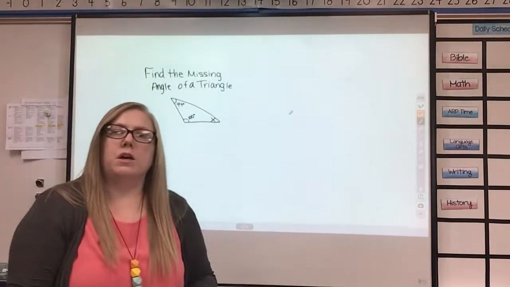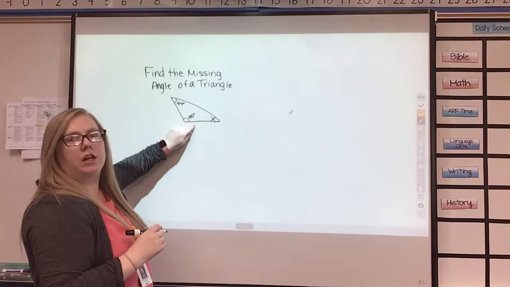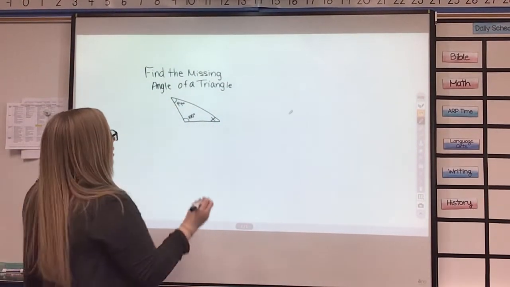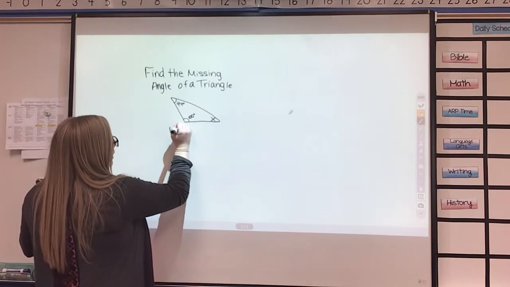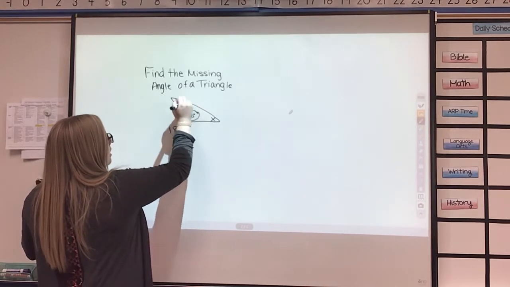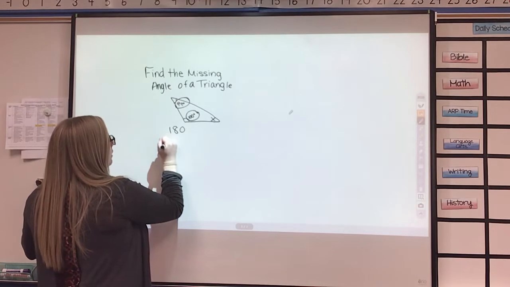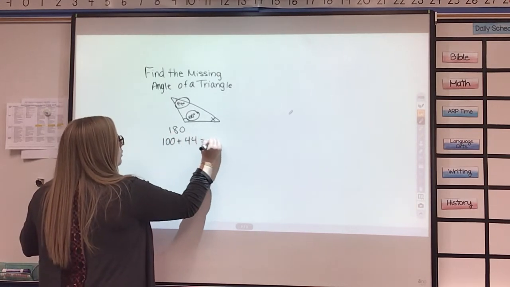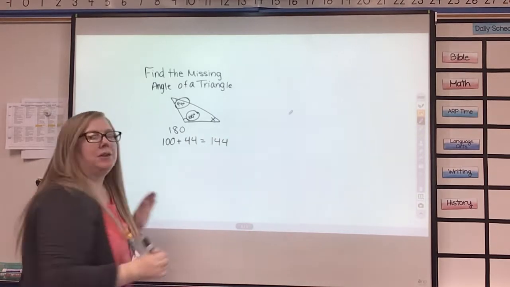Okay. So this is 100. This is 44, and this is X. So I know that it has to equal 180. So I'm first going to take this guy and this guy and add them together, which equals 144. What do you think my next step is?